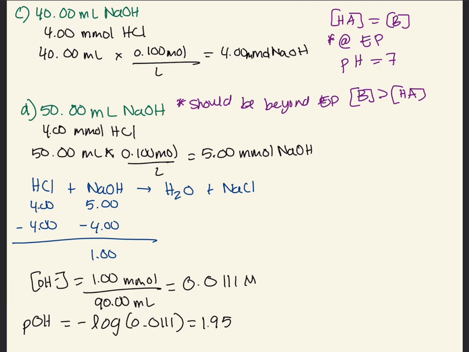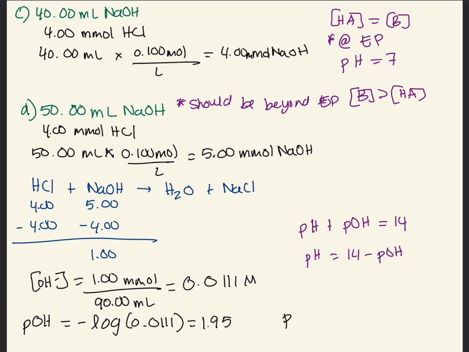Now, if you stopped here and said this is the pH, it would not make sense because we're beyond the equivalence point. We should have a basic pH. So remember, if you calculate the pOH, you need to plug that into the equation pH plus pOH is equal to 14. So to calculate the pH, we would take 14 minus the pOH.